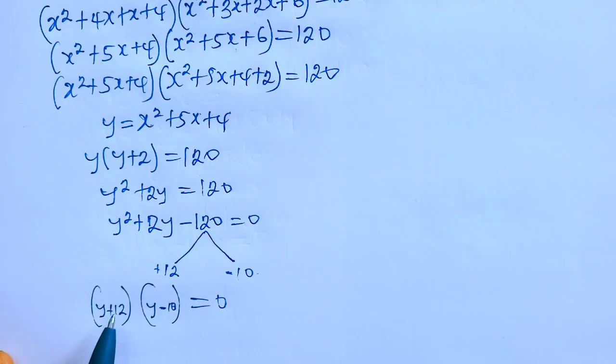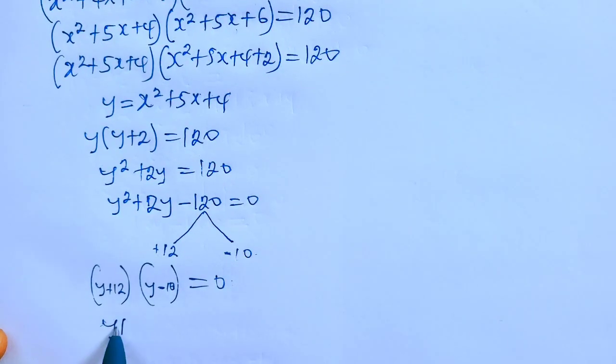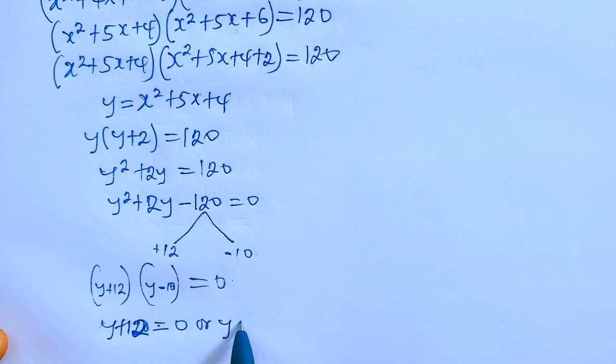Now it's either this equals 0 or this equals 0. Then we have y plus 12 equals 0, or y minus 10 equals 0.